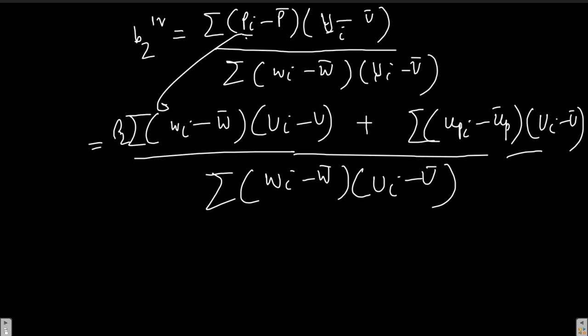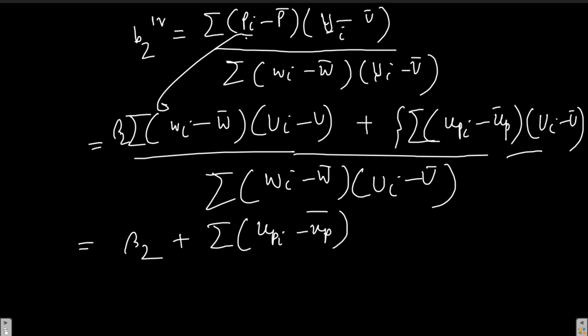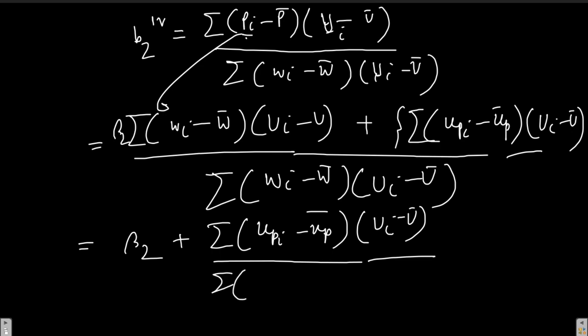If I make it simpler, it is going to be beta 2 plus this term here, and we already know where we are heading: summation of upi minus up bar and ui minus u bar, and in my denominator, summation of wi minus w bar into ui minus u bar.